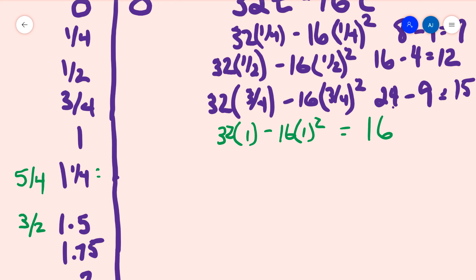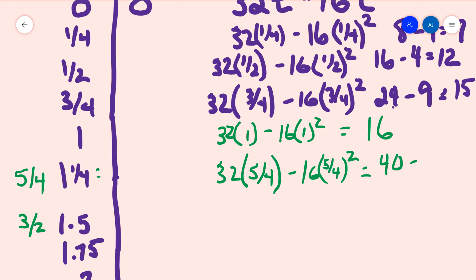All right, so let's try it. I've got 32 times 5/4 minus 16 times 5/4 squared. What do I get? 4 goes into 32, 8. 8 times 5 is 40.